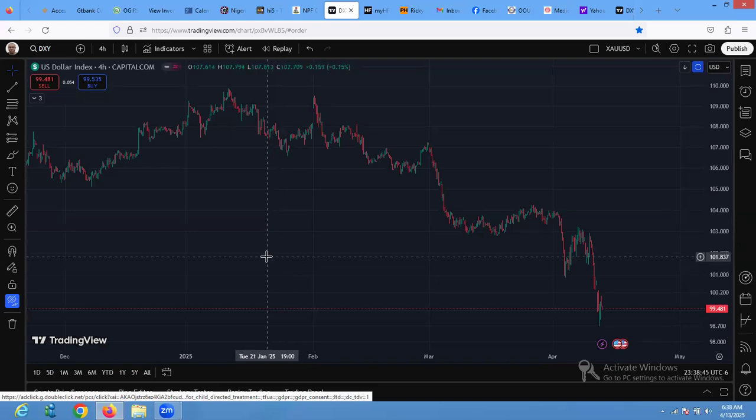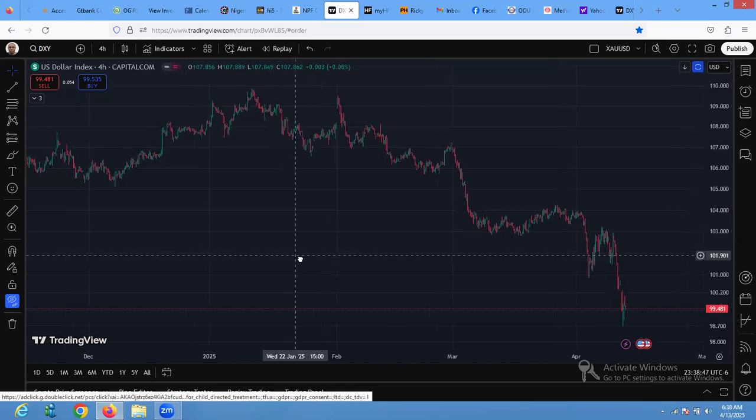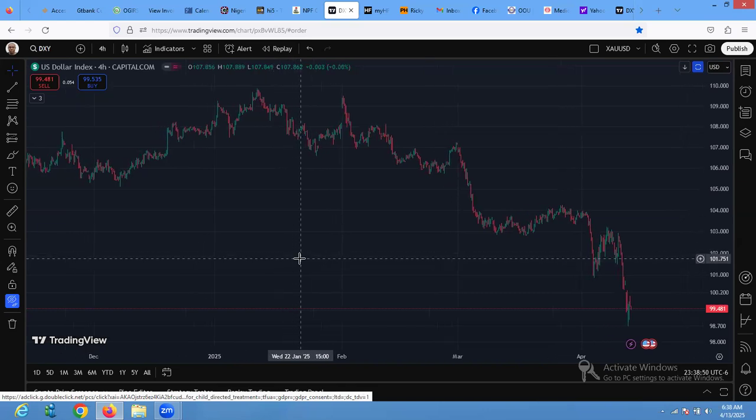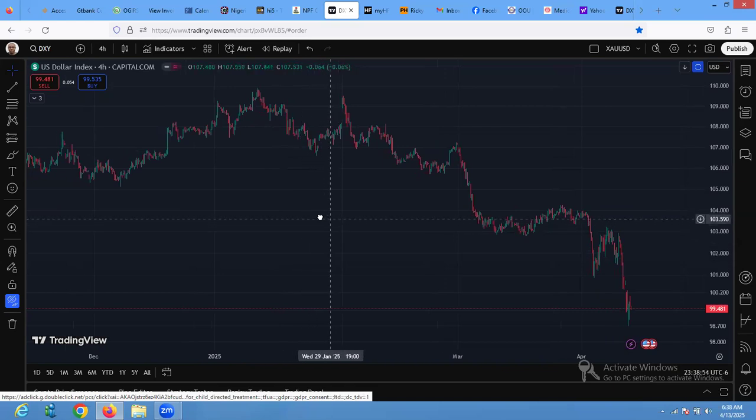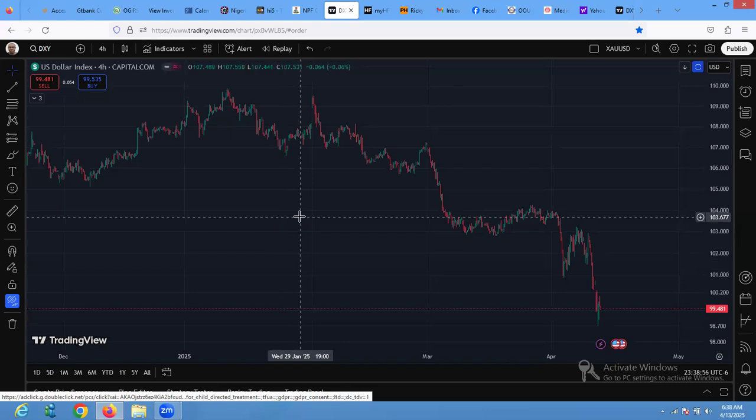We need to get insight into what the trade has given us, what possibilities exist, and how to plan our trade in the coming week.